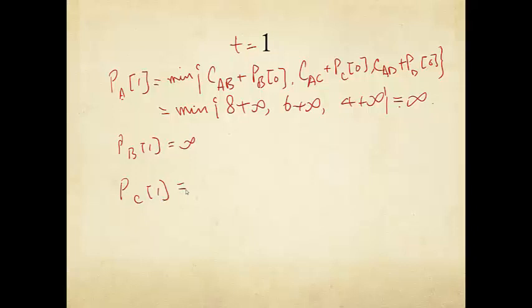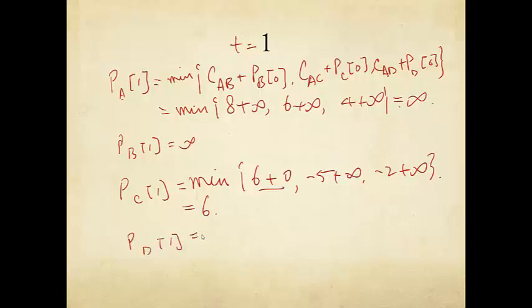Actually, PC is not infinity anymore, because it's the min of 3 numbers: 6 plus 0 if you go through node N directly, minus 5 plus infinity if you go through its outgoing neighbor D, and minus 2 plus infinity if you go through its outgoing neighbor A. But clearly, you want to pick the first one. That's 6. And PD, similarly, you can find to be 7.